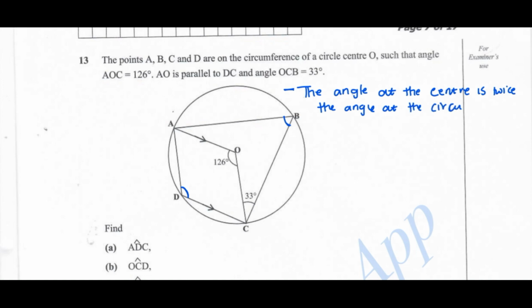So if you have the angle at the center and you want to find the angle on the circumference, you just have to divide by 2. So 126 divided by 2 will give us 63.